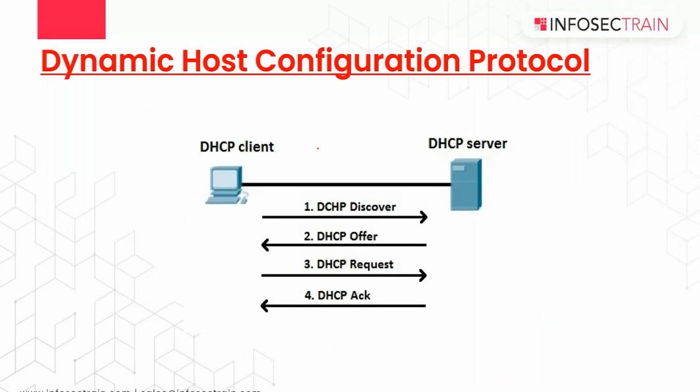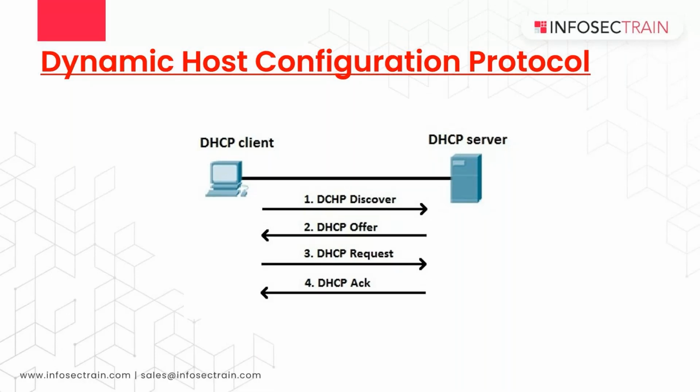Now the next thing that we have to discuss is DHCP. When we are talking about DHCP, as we know, it assigns IP addresses, but how? DHCP stands for Dynamic Host Configuration Protocol, and it provides one of the most commonly used services in a TCP/IP network.